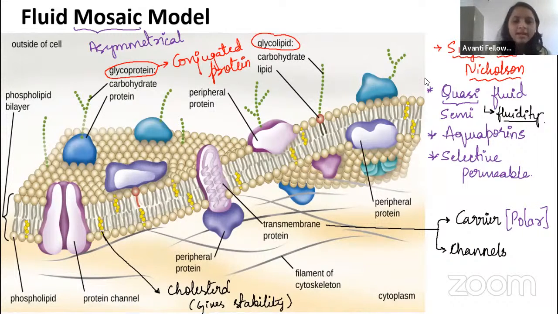And another thing, who is the scientist who said omnis cellula e cellula, that the cell will exist from the pre-existing cell? Who told that? Tell me the scientist's name, students. Rudolf Virchow, right?